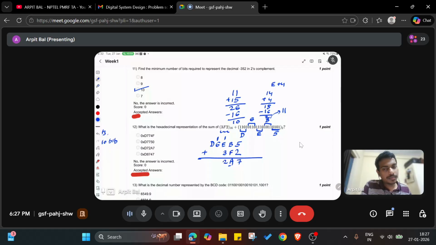So 1 is carried here. Then 1 plus 6 is nothing but 7, and D comes as it is. So my final answer is D72A7. Because it is hexadecimal, I'll use this notation: 0xD72A7.